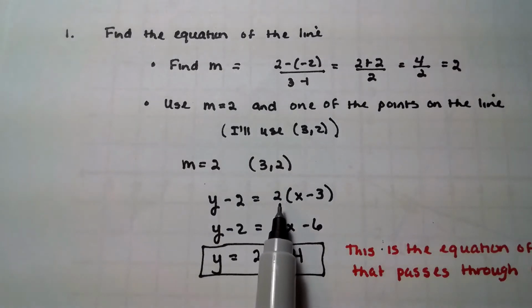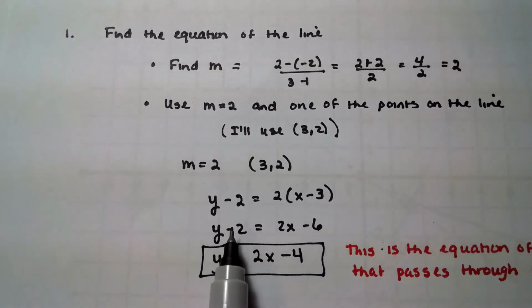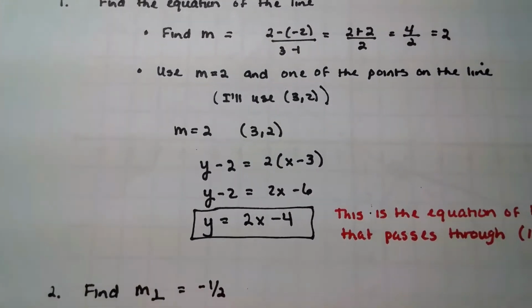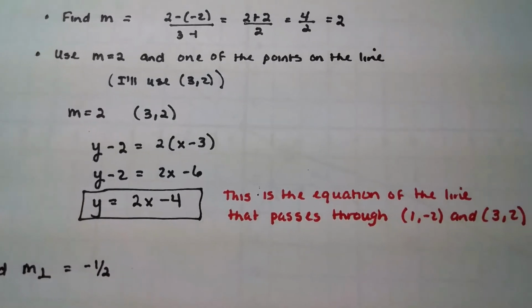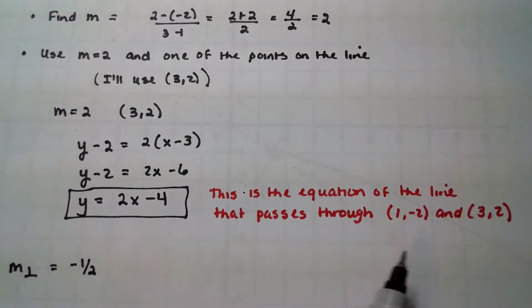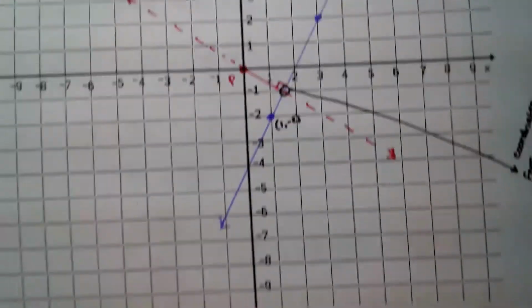Then, of course, you distribute to get 2x minus 6, and solve for y to get it into slope-intercept form. This equation is the equation of the line that passes through the 2 given points.